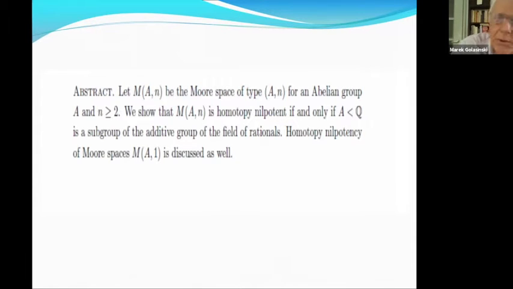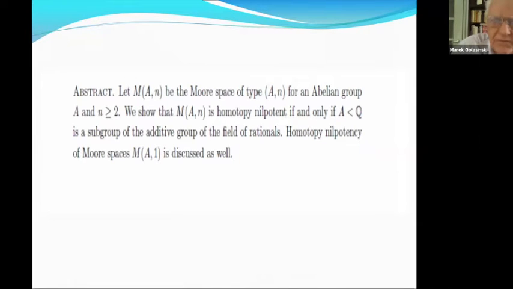This notion of Moore spaces is really known for n at least 2, but we can also say something about Moore spaces of type M(A,1). So at the end of my talk, I'm going to discuss also nilpotency of such Moore spaces.